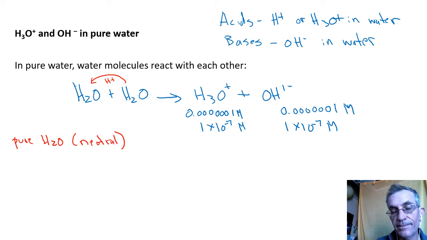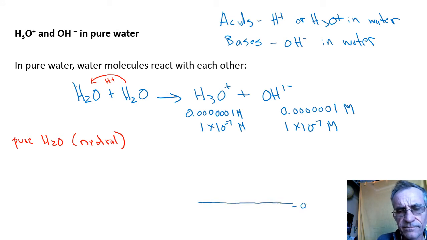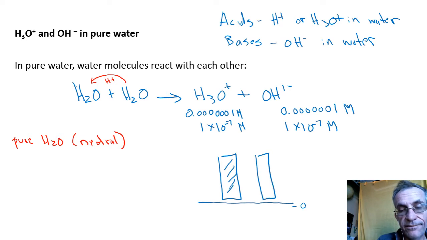And when we talk about these ions, I'm going to make something like a bar graph here. So this will be 0 on our bar graph. And when we have pure water, we get hydronium forming and we get hydroxide forming.